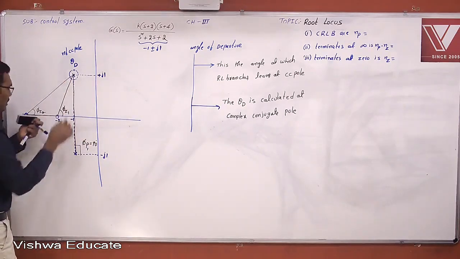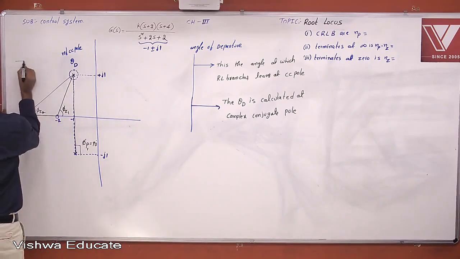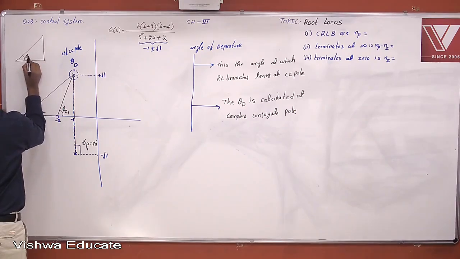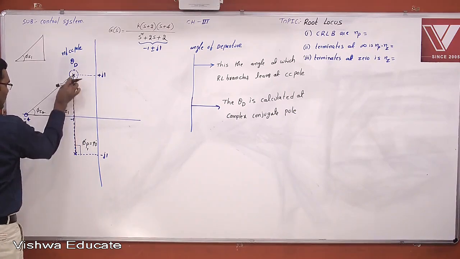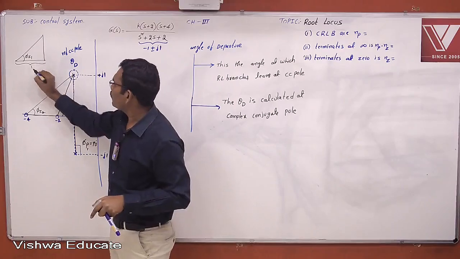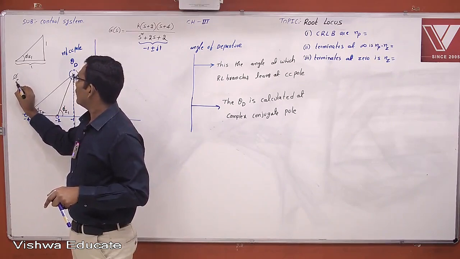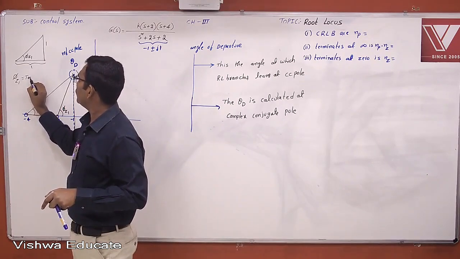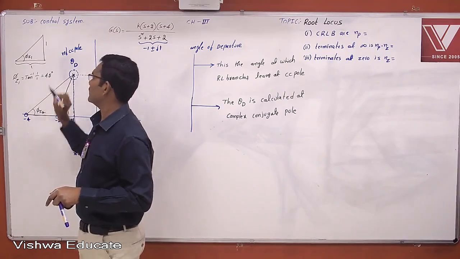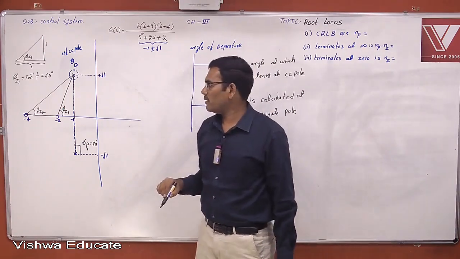You can calculate phi z1 separately. This distance, because this is the real part, is 1 and this distance is also 1. Therefore phi z1 is tan inverse of 1 by 1, which is equal to 45 degrees.